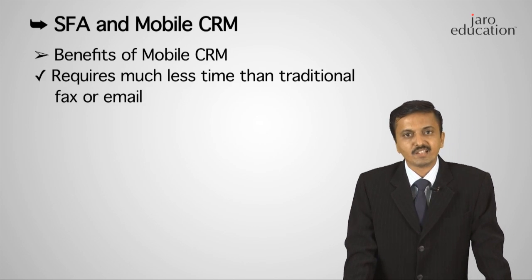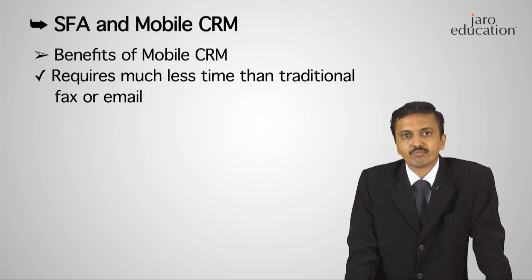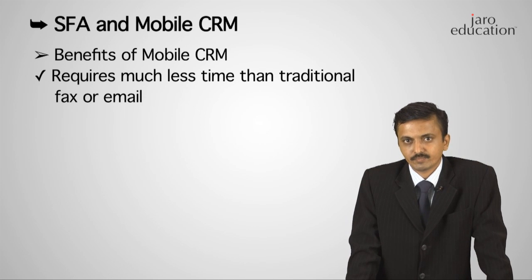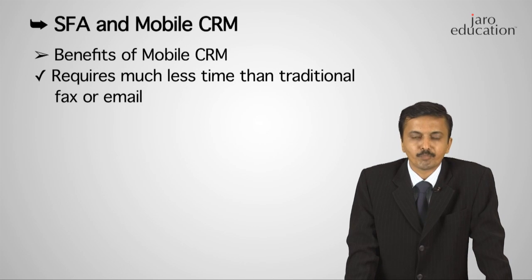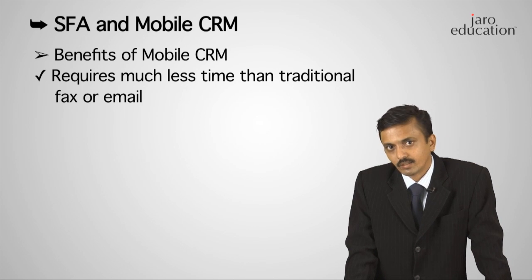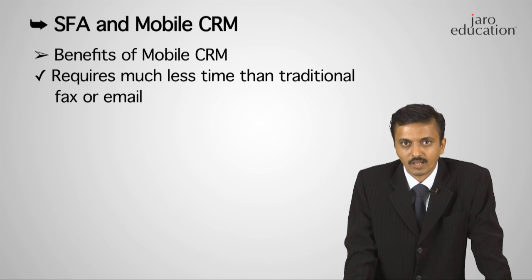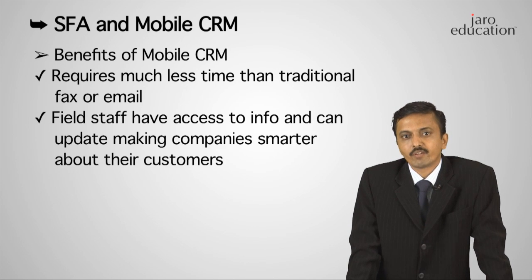It requires much less time than traditional fax or email. The speed with which mobile functions, compared to fax or email, is high. Field staff have access to information and can update it, making companies smarter about their customers.